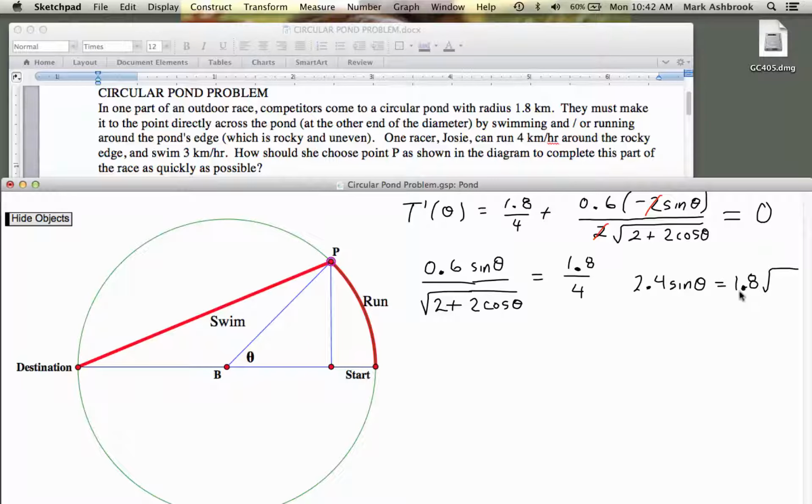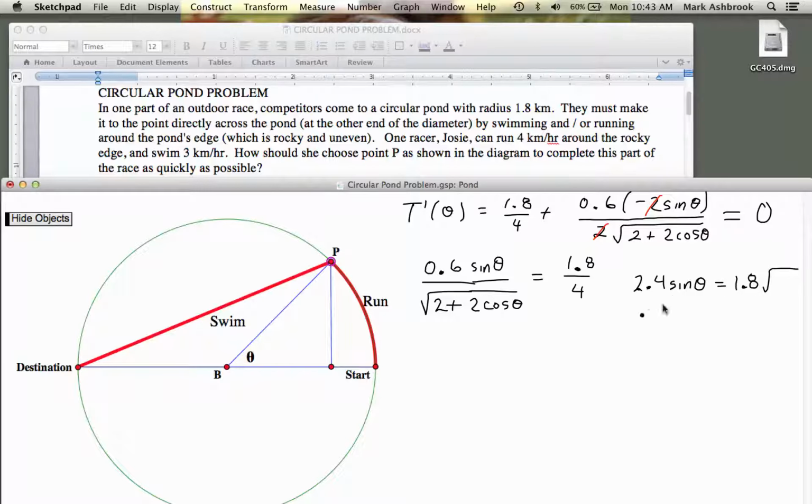Okay, so let's multiply by 10 and divide by 6. We multiply by 10 and divide by 6, we'll have 24 and 18, and then we'll have 4 and 3.